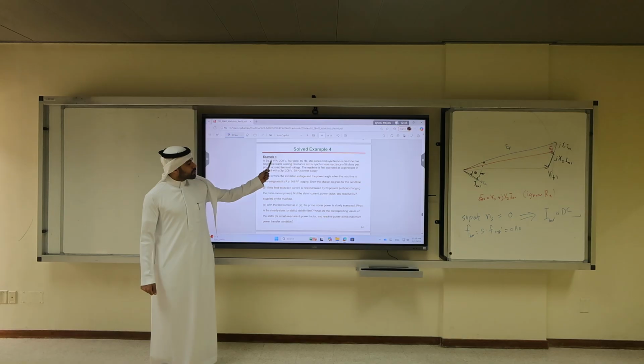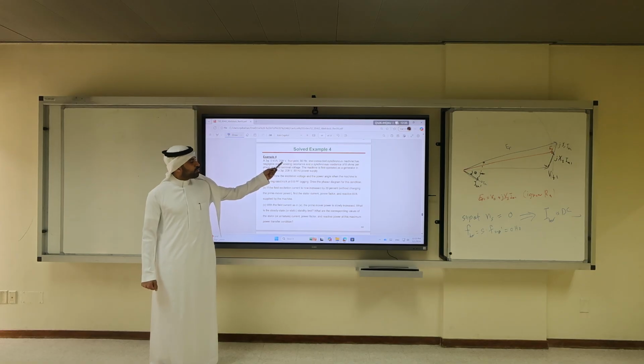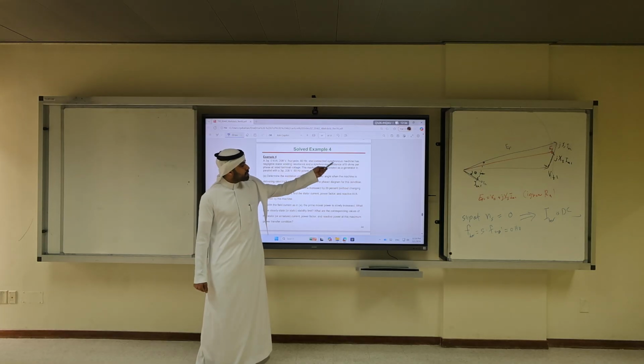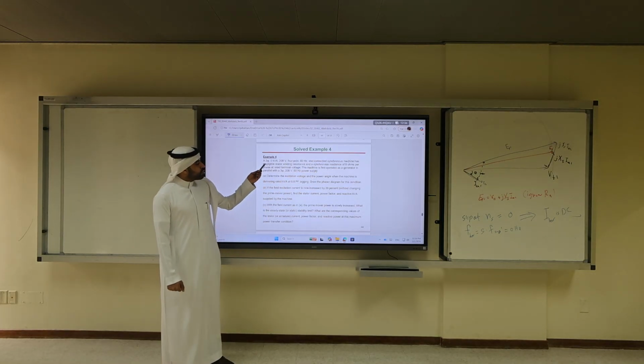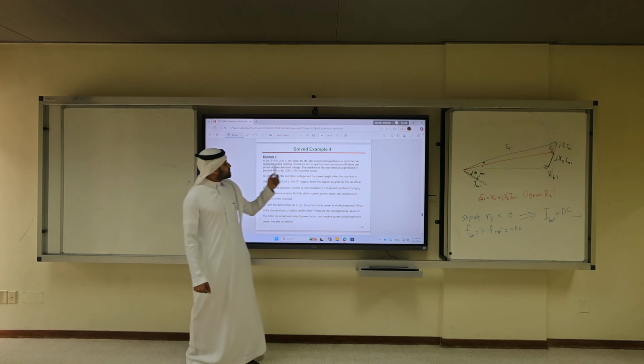Wrong. Reactive, wrong. Right, it's rated. You have to add the word rated. It's rated apparent power. What is 208? Rated what? Line to line. Line to line voltage. 4 pole, 60 hertz, star or Y connected synchronous machine. We ignore RA, synchronous reactance of 8 ohms per phase.